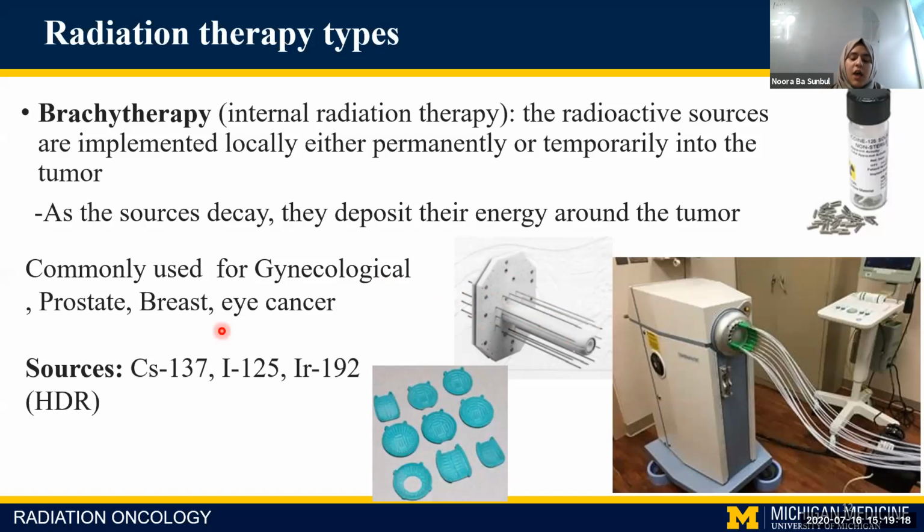Some of the common types of cancer treated with brachytherapy are prostate, breast, eye cancer, and gynecological cancers. This image shows an eye cancer plaque that is used to place the seeds inside, so as to apply the dose locally to the eye.